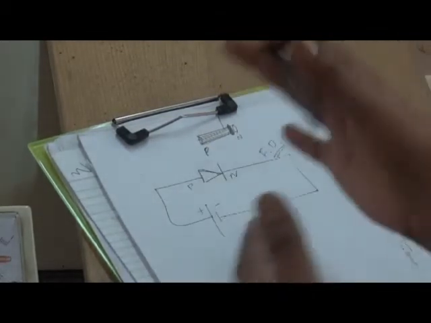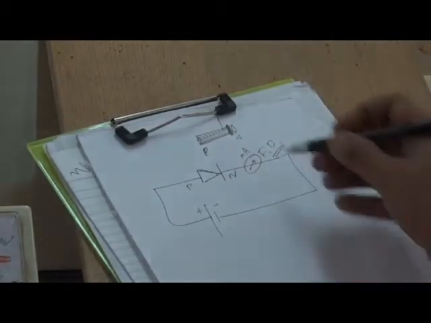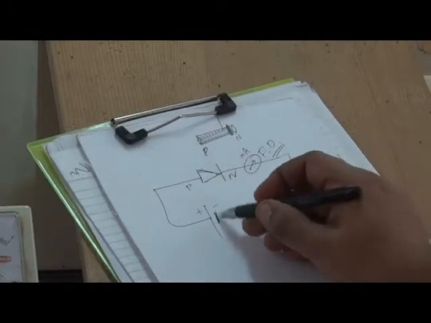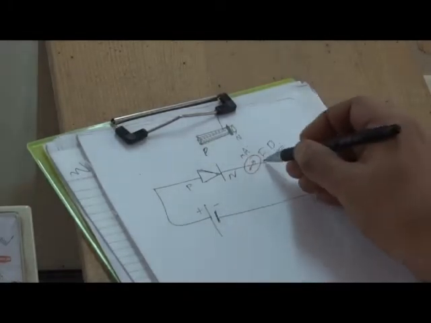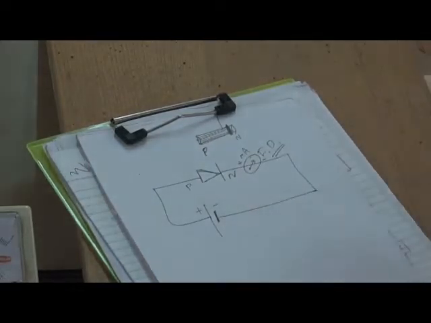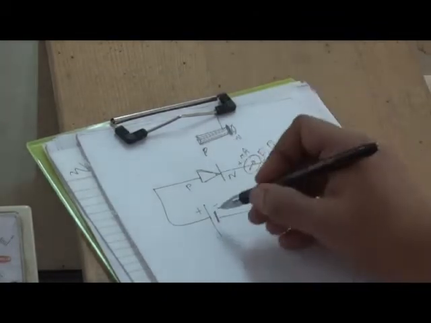To study the voltage and current, we may connect an ammeter here, say a milliammeter. For the ammeter also there is a plus and minus. Since this negative side is near to the ammeter, this side is minus and the other side is plus. If you want to study the voltage either across the battery or across the diode when you are varying the voltage, we need a voltmeter.